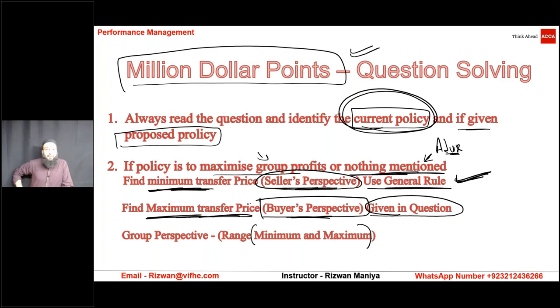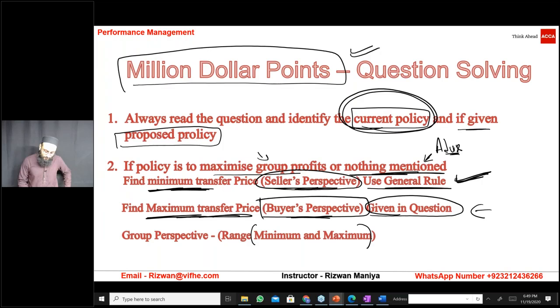The biggest clue for that is given in the question itself. Always, always you can find the maximum transfer price from the buyer's perspective from the question. And I'll tell you how.